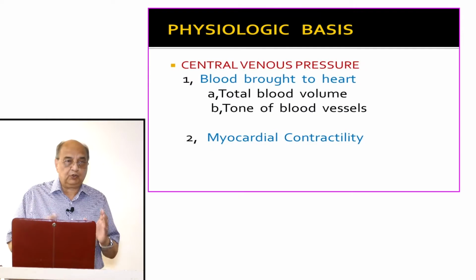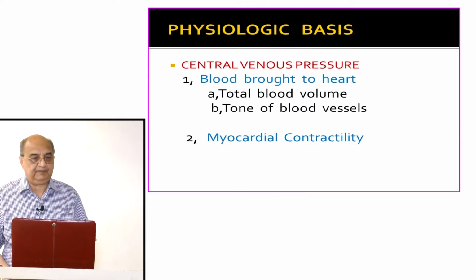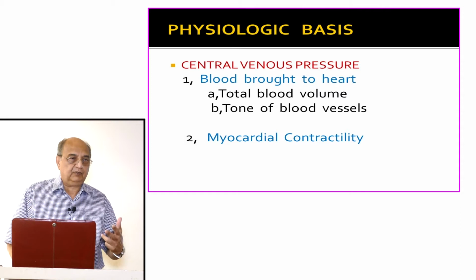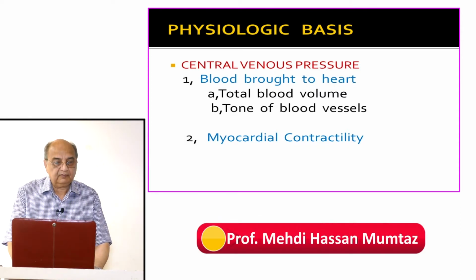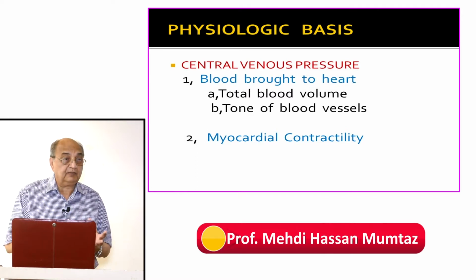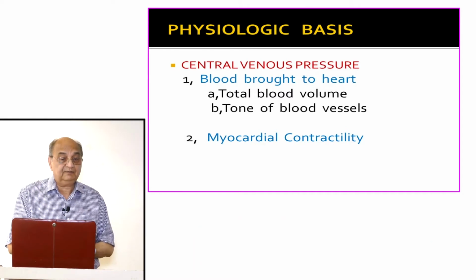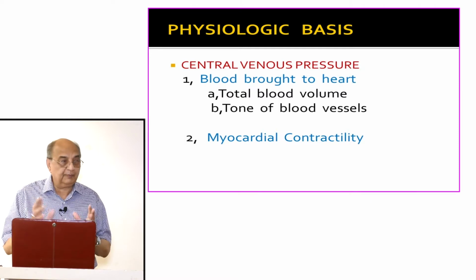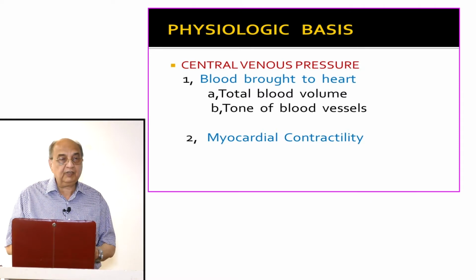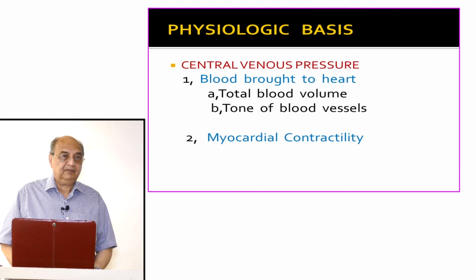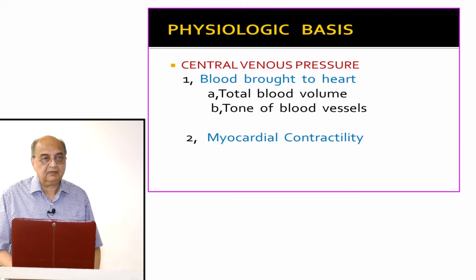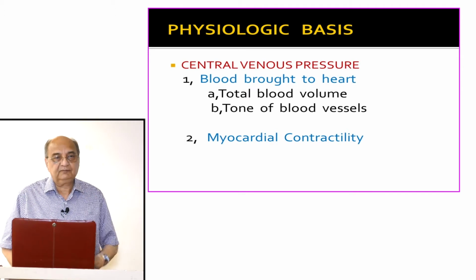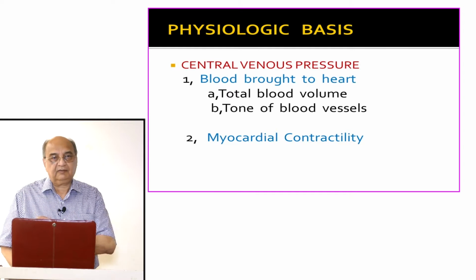Now, what are the physiological bases of central venous pressure? There are two things on which the central venous pressure depends. One is blood brought to the heart. How much blood is being brought to the heart depends on two things: total blood volume and tone of the blood vessels. If the vessels are constricted, they push the blood to the inferior vena cava, and that is delivered to the heart.